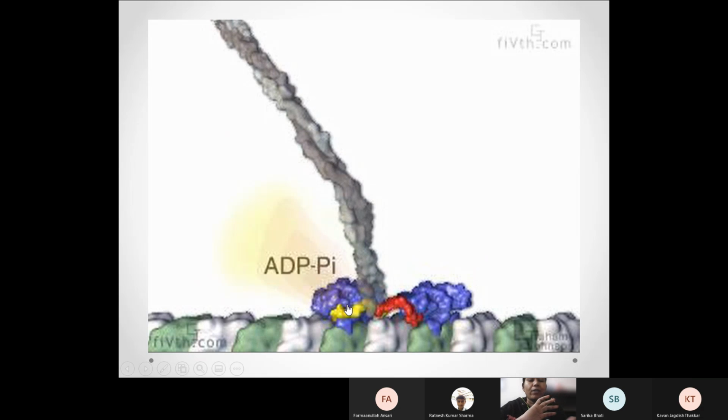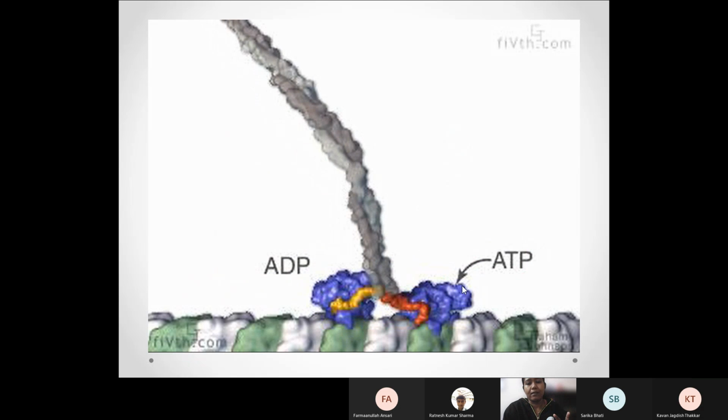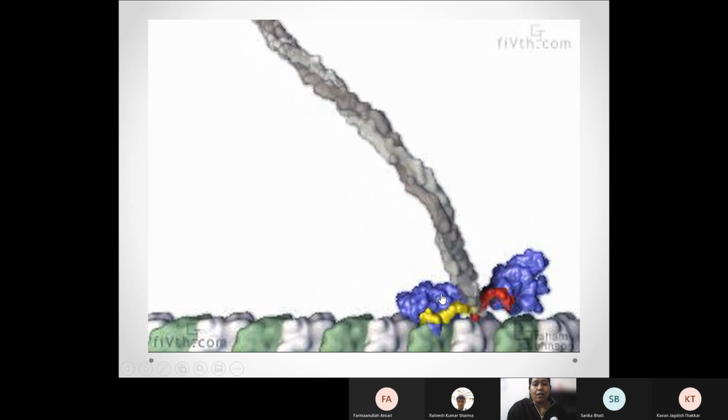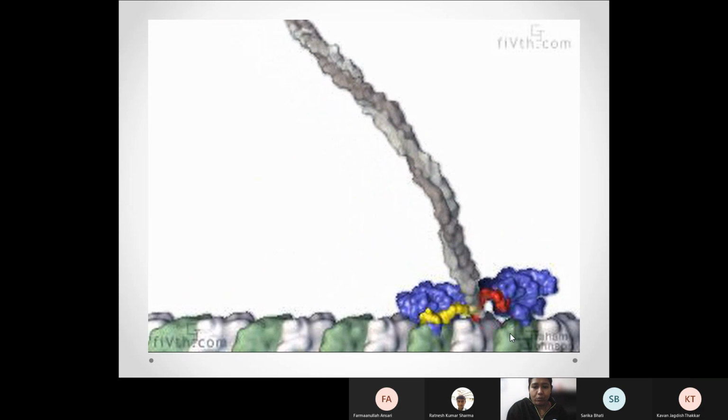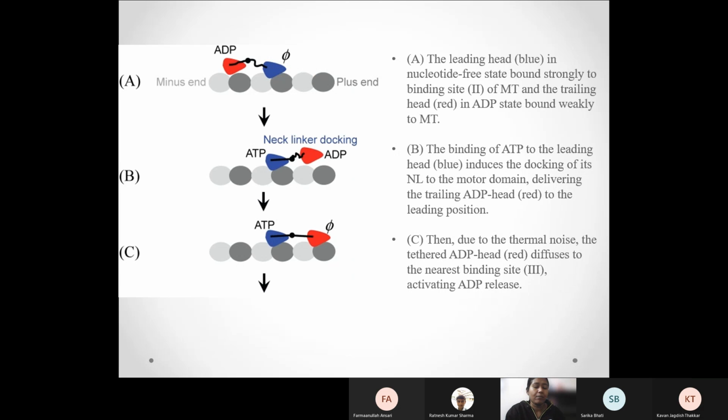It sort of moves this molecule in a way that the other motor domain then falls in front and binds to the microtubule. So the whole power stroke here is kind of driven by the binding of ATP to this empty nucleotide binding pocket of the motor head in a kinesin molecule.